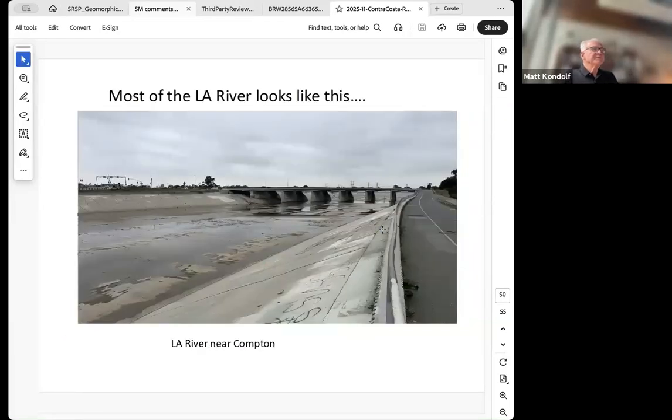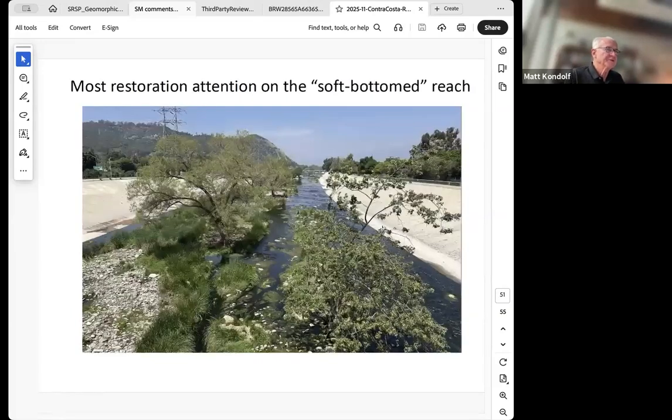And when we contrast this with what most of the Los Angeles River looks like, which is concrete channel. This is the LA River near Compton. Most of the focus on restoration so far has been in the soft bottom reaches, like here in Glendale Narrows.